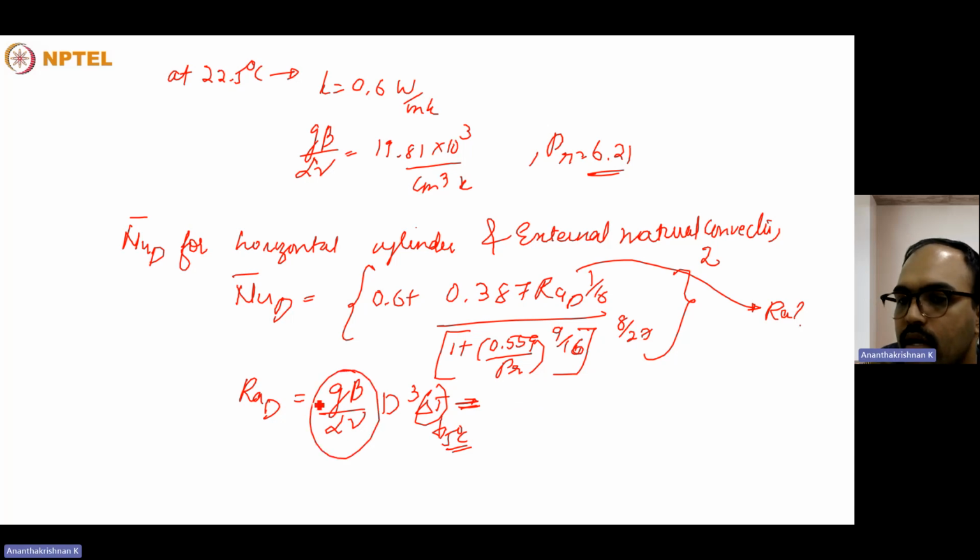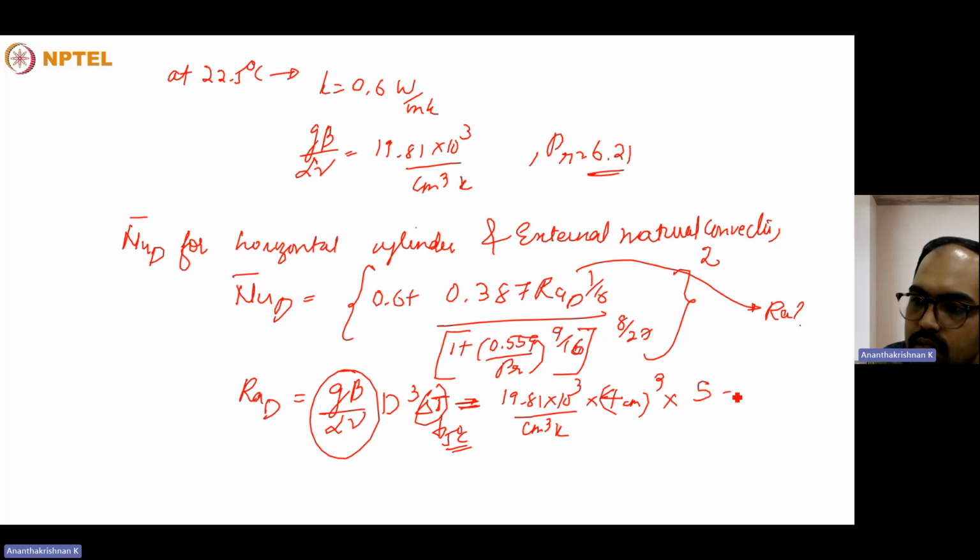The g beta by alpha nu we have calculated at the film temperature, based on the average boundary layer values. So it will be 19.81 into 10 cube per centimeter cube Kelvin, the diameter of these tubes is 4 centimeter, cubed, into 5 degrees Celsius. So that would be 6.34 into 10 power 6. So this is a laminar case.